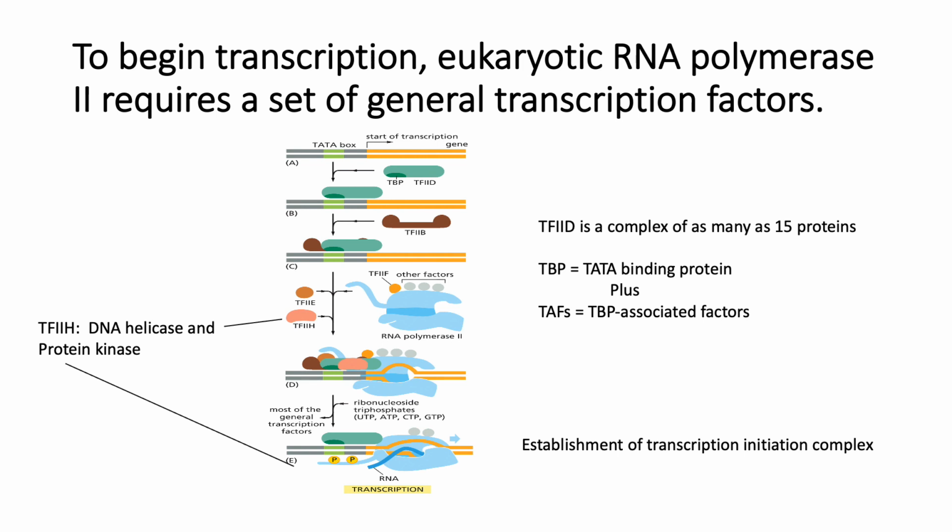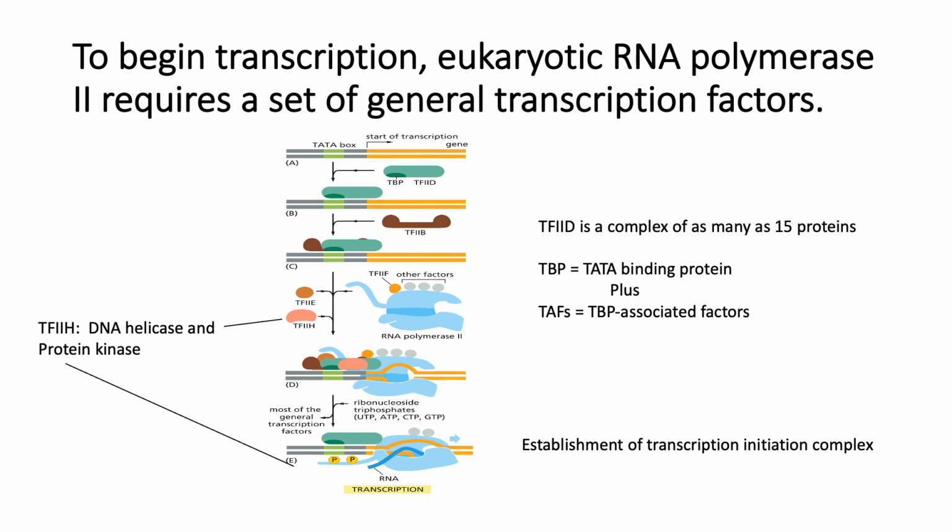Now, I want to just say a few words about a protein called TF2H, which is one of the general transcription factors. So TF2H, we know what that protein does. It actually has two functions. It does two things. It acts as a DNA helicase. And of course, we know from the DNA replication, which we talked about, that the DNA helicase unwinds DNA.